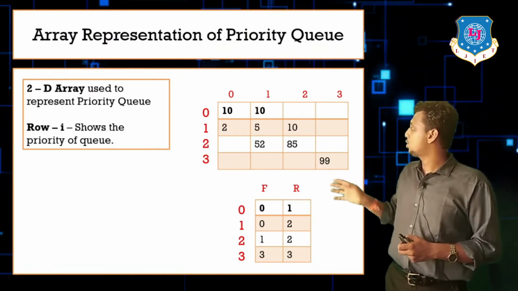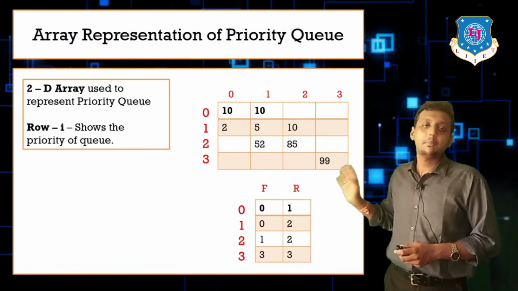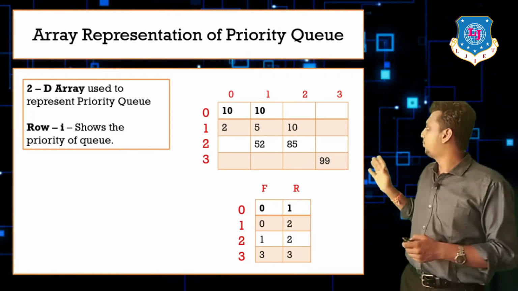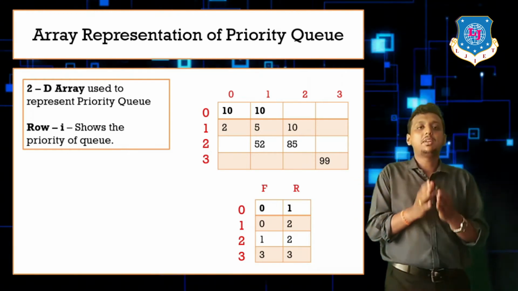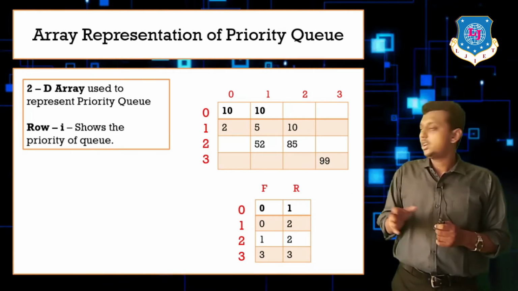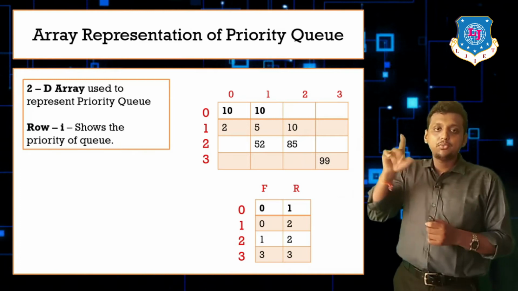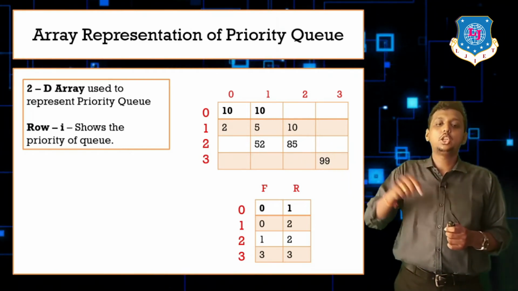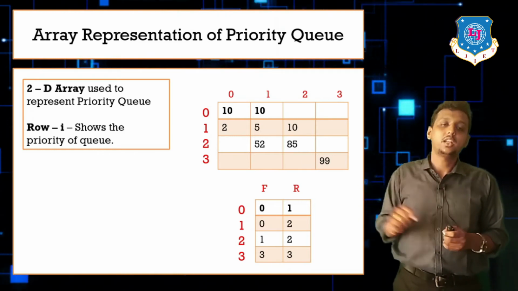See, for the representation of the priority queue, students, here we have a two-dimensional array to represent the priority queue. If you can see the table, here I am representing my priority queue in a two-dimensional table. The first queue is 10, the second queue is 2, 5, 10, the third queue is 52 and 85, and the fourth queue is 99.